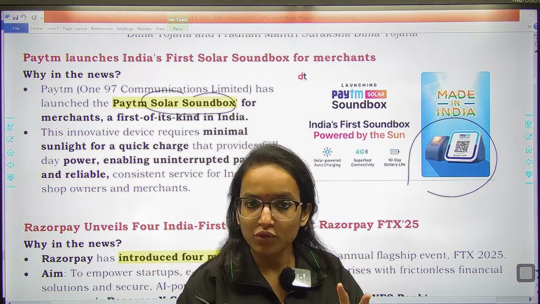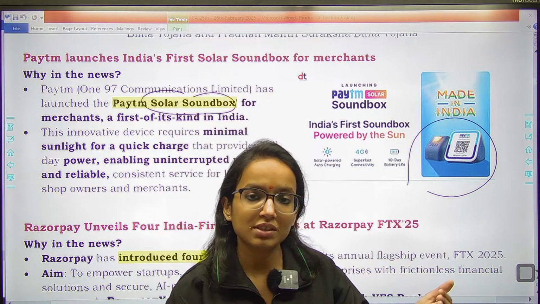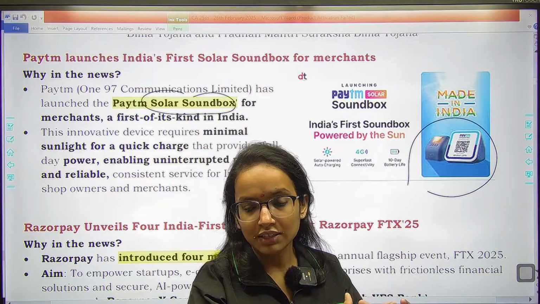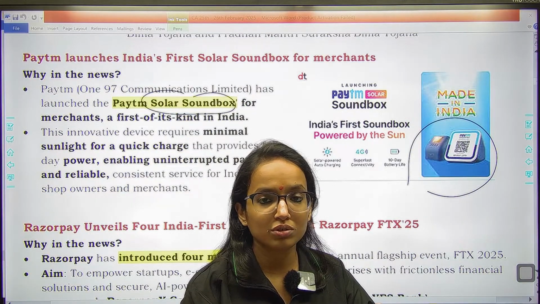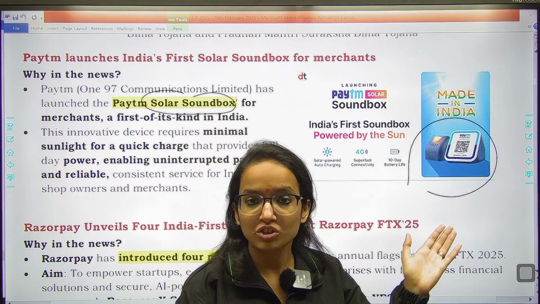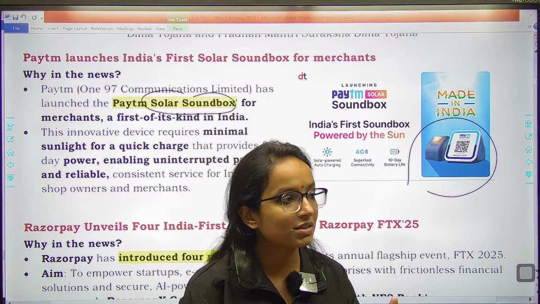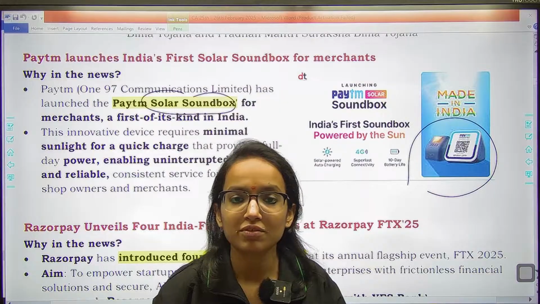It will have a solar chip or whatever which helps it recharge itself with the help of sunlight. So thodi hi der mein, when you put it under the sunlight, it will get charged. You will not be charging it separately. So it is sustainable, right? It is a green solution kind of thing, and also it will save a lot of cost.